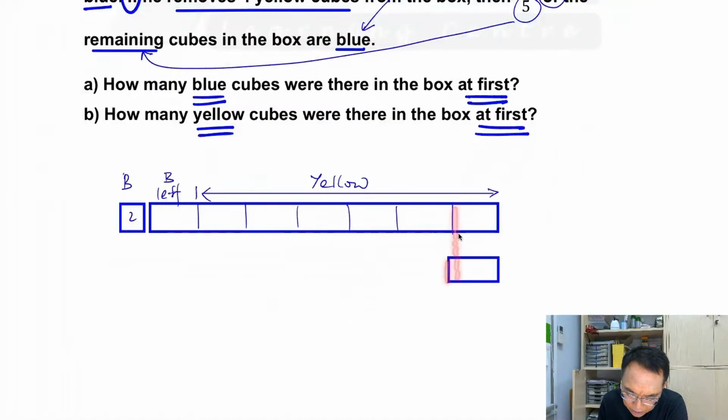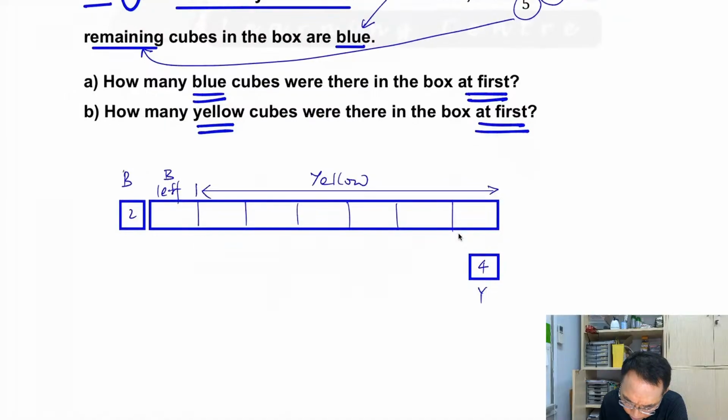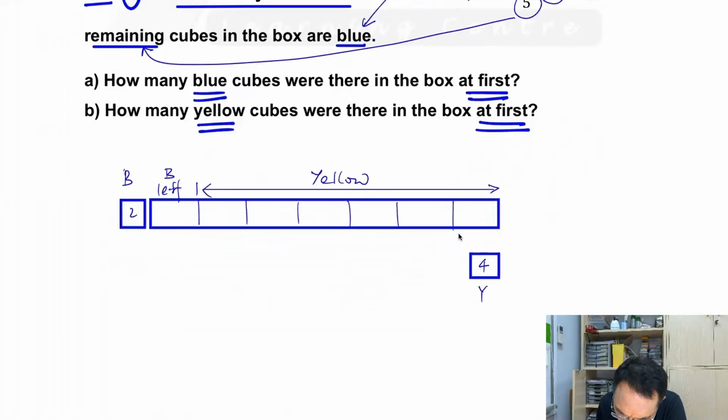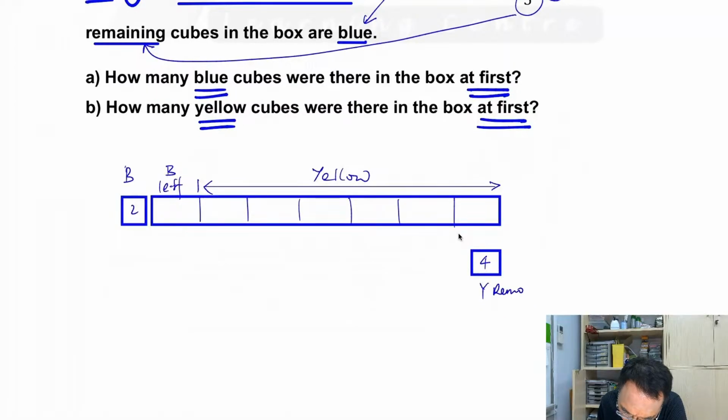Okay, so they shouldn't be together. Okay, maybe let me just adjust this a little bit. Okay, let's say like this, so that they are different. And this will be the 4 yellow that were removed. Okay, removed. I think it's taking up too much space, so let me just put here removed.